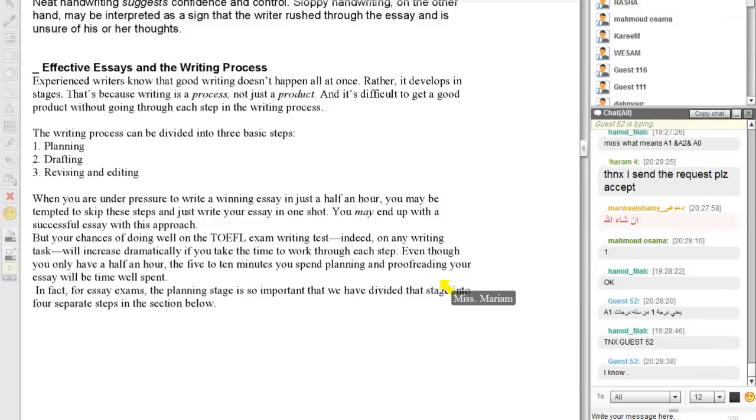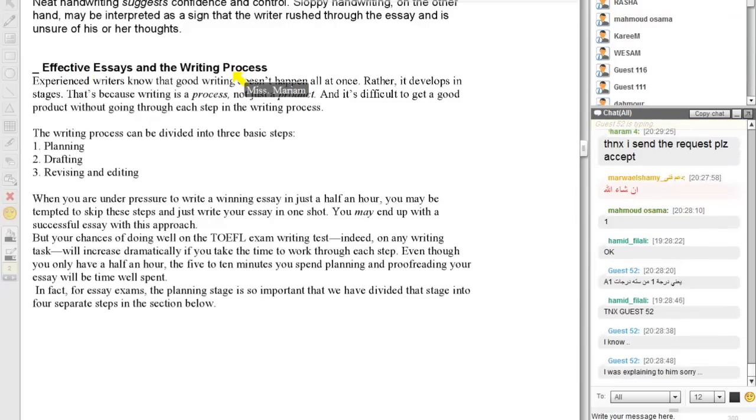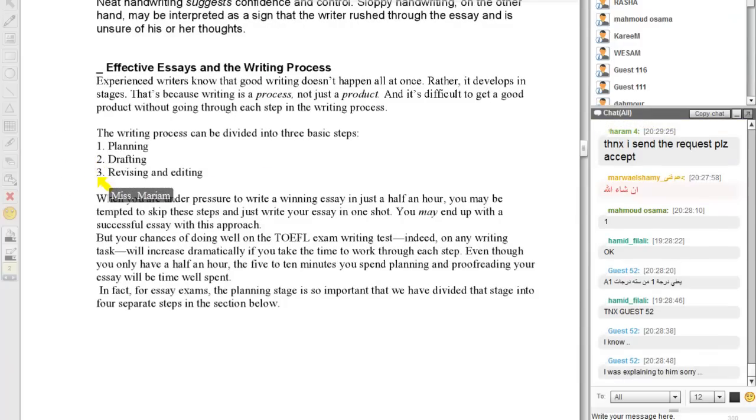So for the effective essay and writing process, we have to follow this process. First thing, we have to make a plan.